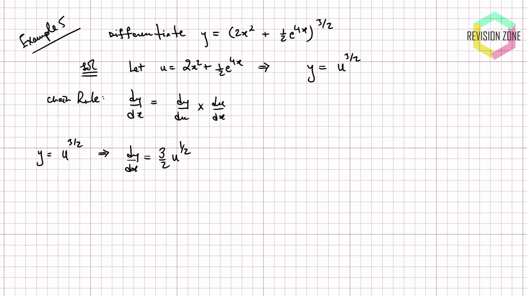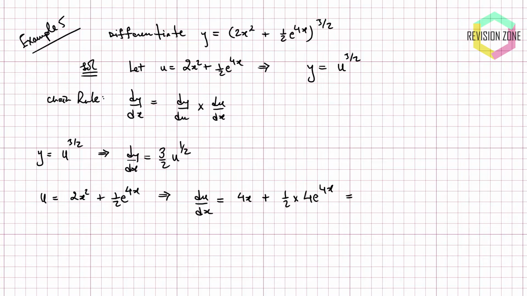Okay, that's fairly straightforward. And u, obviously, in our case, is 2x squared plus a half e to the 4x, then I differentiate this by differentiating each term. The first is just polynomial type, so I'm going to get 4x because that's the derivative of 2x squared. And the second term is a standard exponential, so I'm just going to get a half, which is going to come along for the ride, times 4e to the 4x.